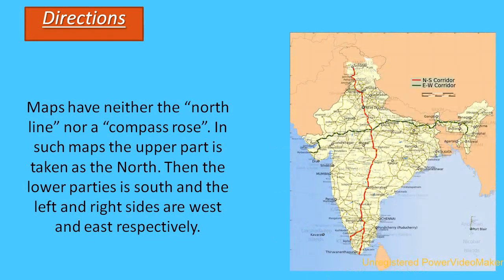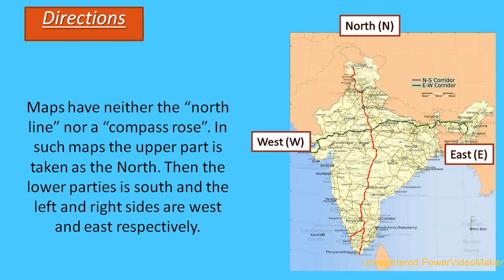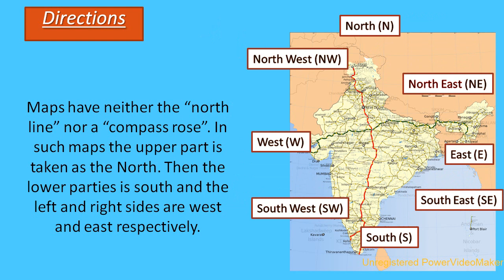In such maps, the upper part is considered as the north direction. Then if you find the upper part, you can find the east direction, the west direction, south and intermediate directions very easily.